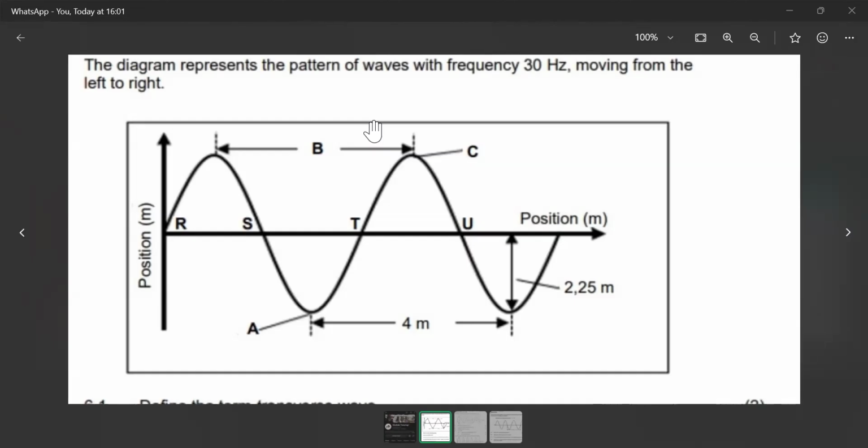Or you can say R and S are not separated by a wavelength. In other words, they have to be separated by a distance of 4 meters in order for them to be in phase, which is why the points R and T are in phase, because the distance from R to T is 4 meters. So that's the reason. In order for them to be in phase, they have to be separated by a complete number of wavelengths.